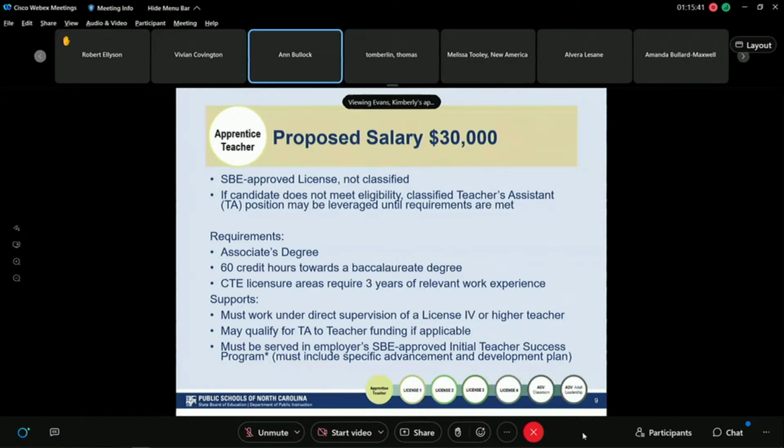My concern is if we define someone being under the supervision of a licensed 4 teacher, we may have schools that don't have one, and therefore create a different equity gap that is unintentional, but it pops up in this piece.